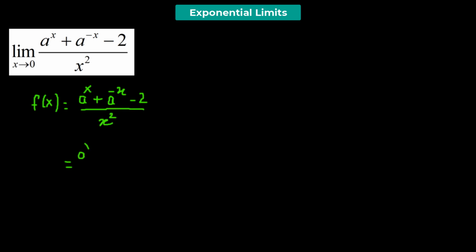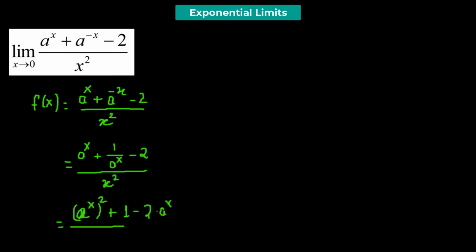So a raised to the power of negative x will be 1 over a raised to the power of x, minus 2 divided by x squared, which will further give us a raised to the power of x whole squared plus 1 minus 2 times a raised to the power of x, divided by a raised to the power of x times x squared.